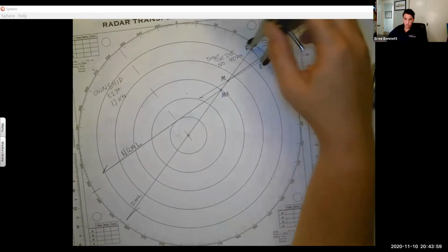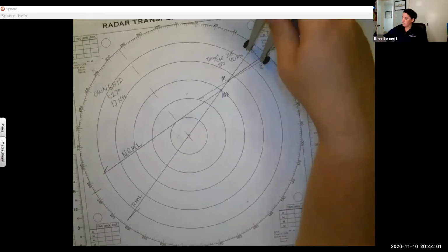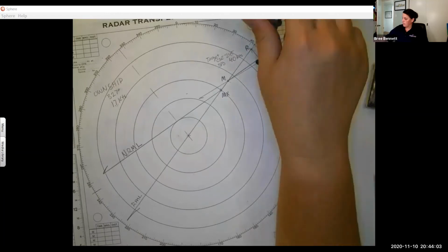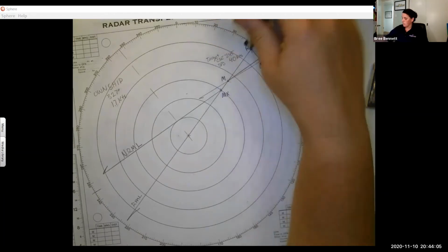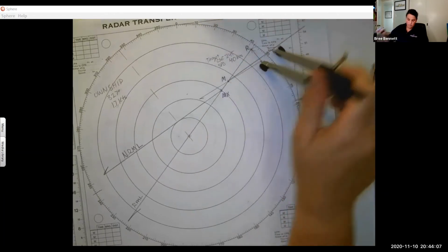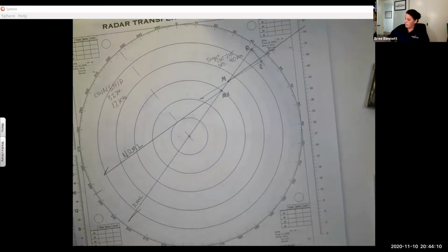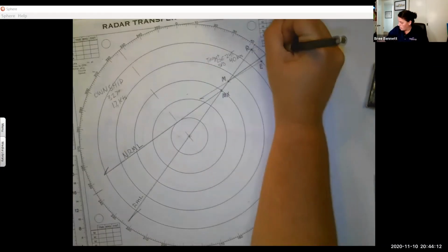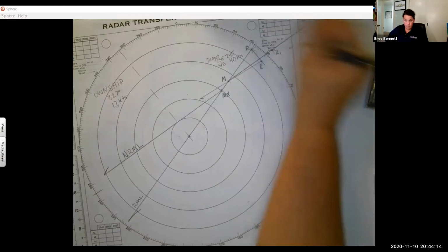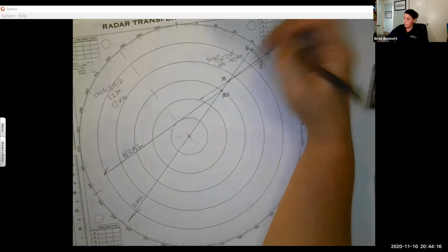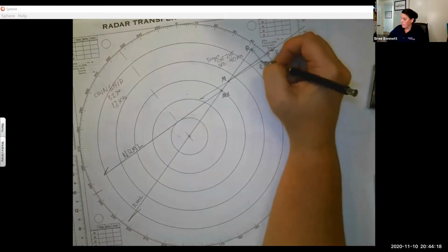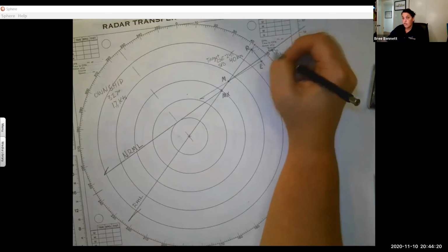If I was to change course, I always swing my compass here to the right because I'm changing course to starboard. So I have an R prime there.